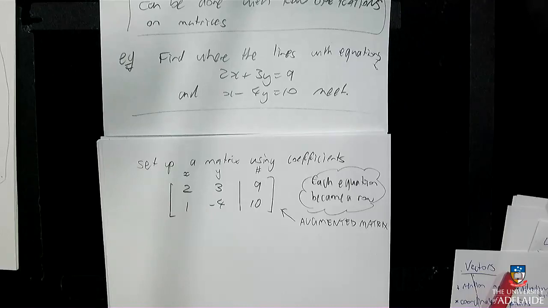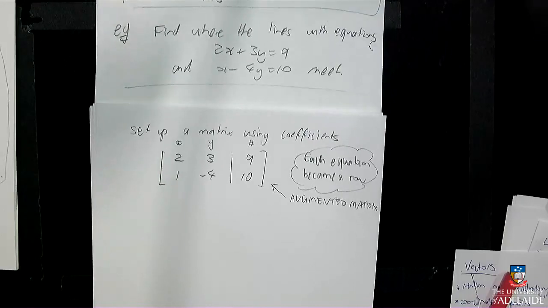Okay, now what we're going to do is row operations, because row operations are the same as doing equation solving. The philosophy here is that there's always going to be 2 equations, and I'm going to keep 2 rows in my matrix all the time.